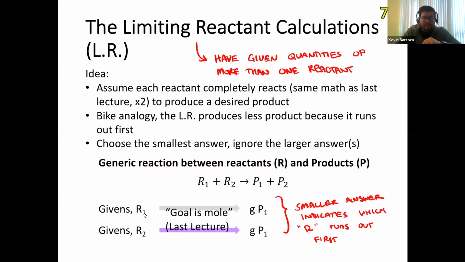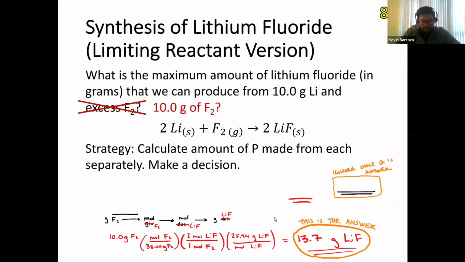So the reactant that was used to generate the correct answer is called the limiting reactant, because it limited us to a small amount. And then, terminology-wise, the other reactant or reactants, if there are more, are called the excess reactant because they did not get used up completely.